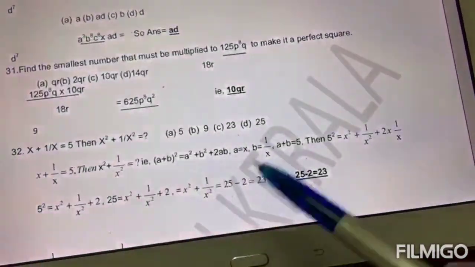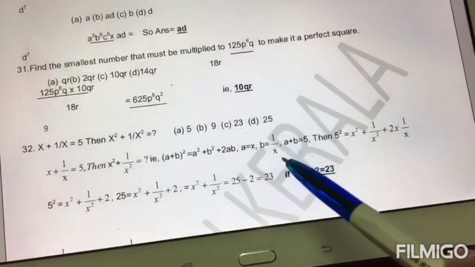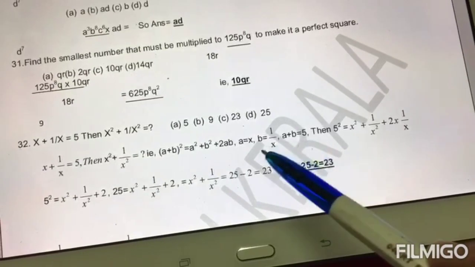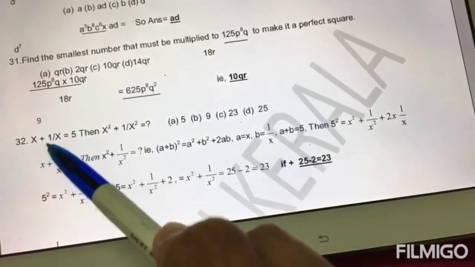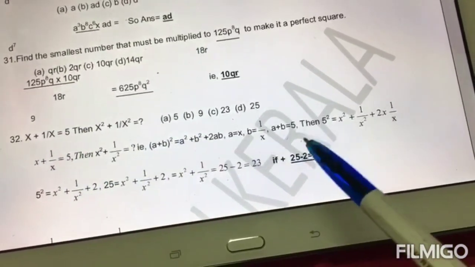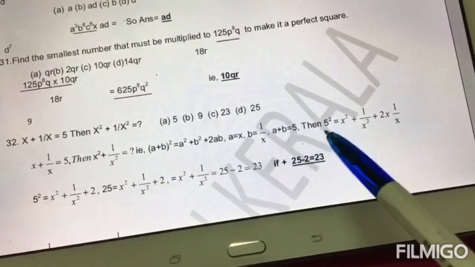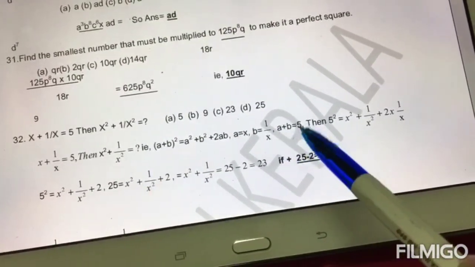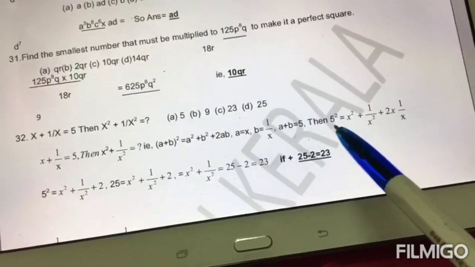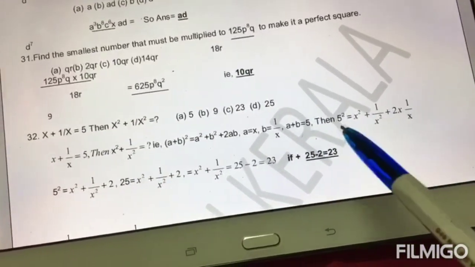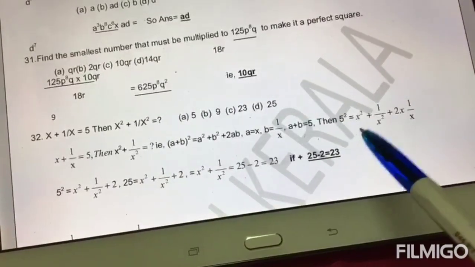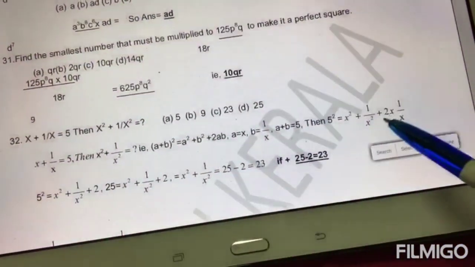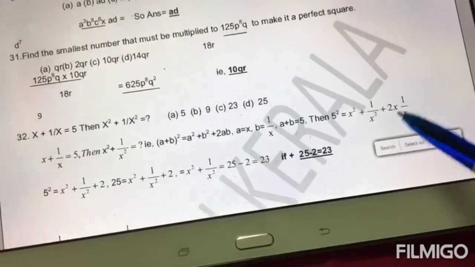So if I take a as x and b as 1 by x, therefore a plus b is equal to 5, because x plus 1 by x, that is a plus b, is equal to 5. If I square both sides, that is a plus b whole square, then I square 5, 5 square is equal to 25, equals x square plus 1 by x square plus 2x into 1 by x, 2ab.